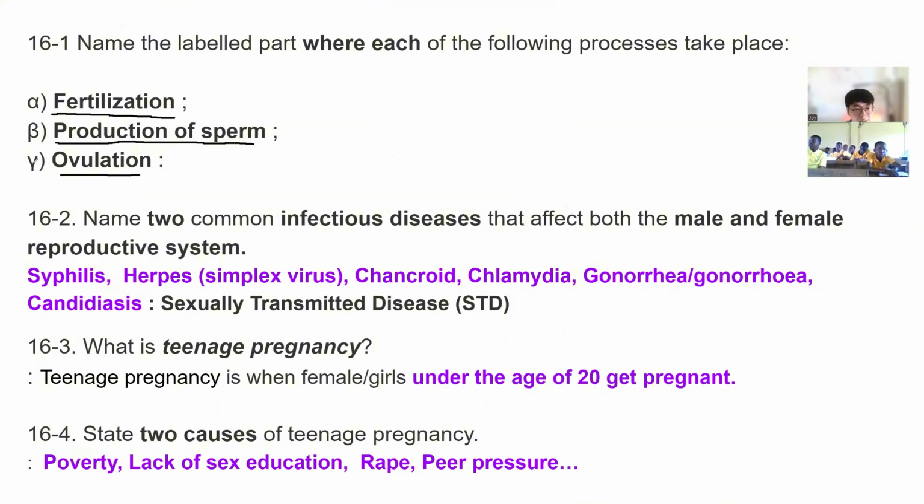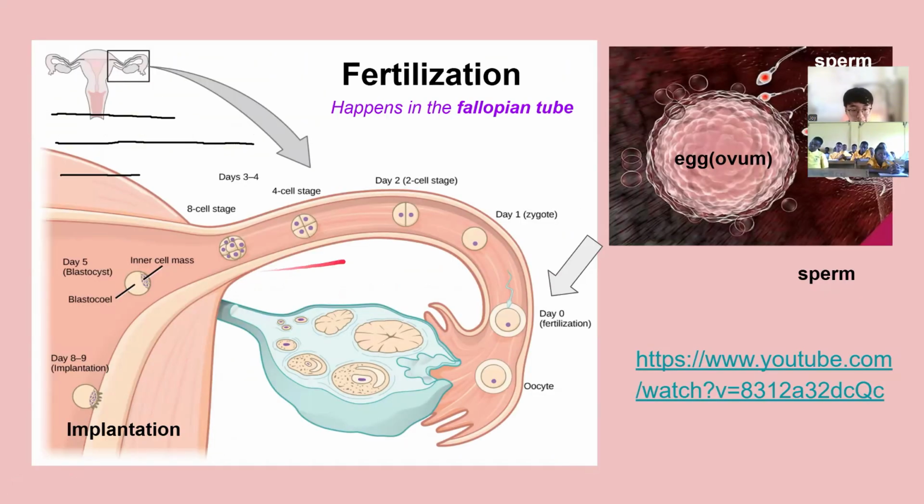So remember that fertilization is where the egg and the sperm meet, and it happens in the fallopian tube, right? So it happens in this channel. That's what I was pointing at here.